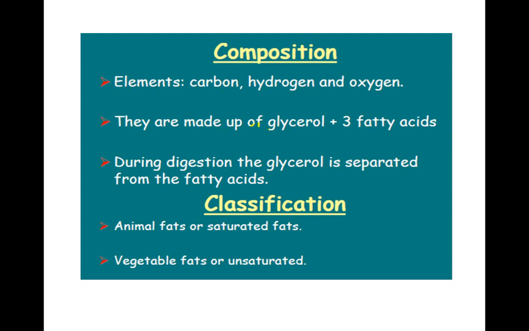Compound lipids are simple lipids combined with a non-lipid substance such as carbohydrate, phosphorus, and proteins. Derived lipids such as cholesterol, steroids, hormones, and fat-soluble vitamins are produced during the breakdown of simple or compound lipids.